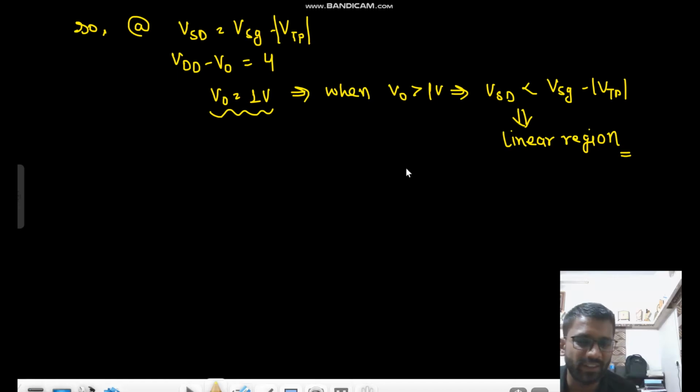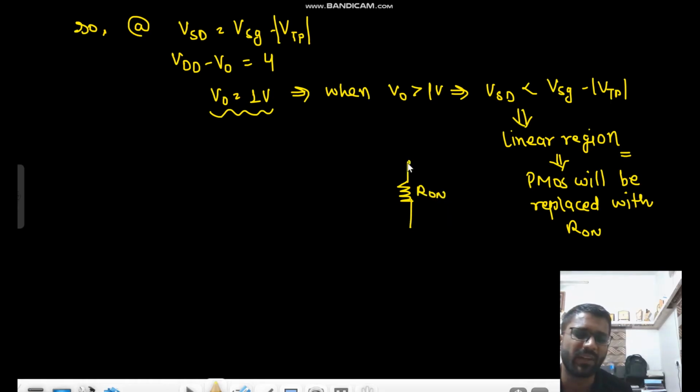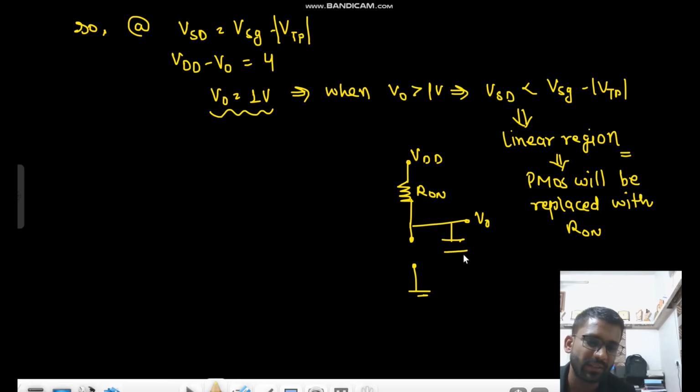And if we are moving towards the linear region, that means PMOS will be replaced with some R ohm value, and this is VDD, and no comments about PMOS, NMOS because it is still off, right? So this is V naught, like this.